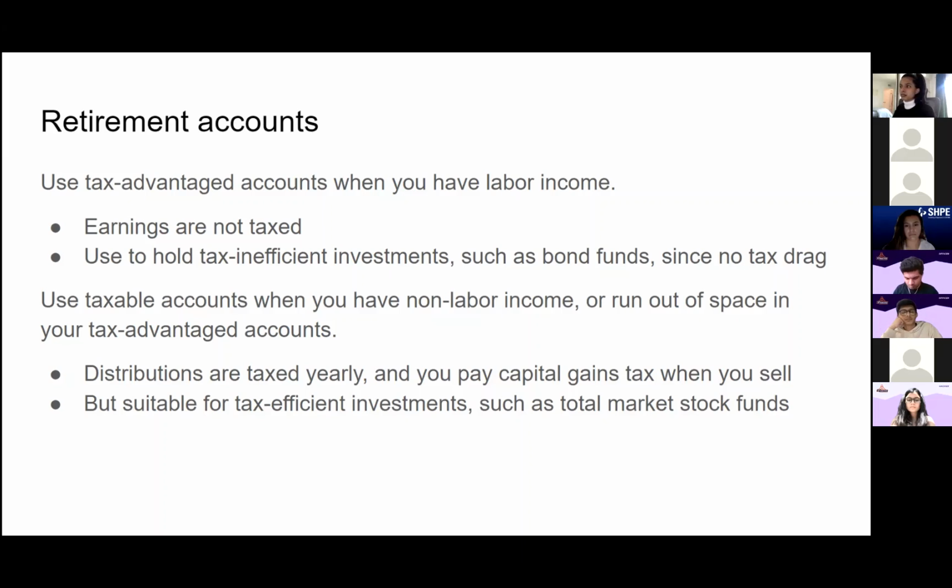We'll be talking about which kind. So the general idea is that your earnings on your contributions are not taxed, and these are good places to hold investments that are not tax efficient. Bond funds tend to be tax inefficient, so these would be a good place to store those funds.